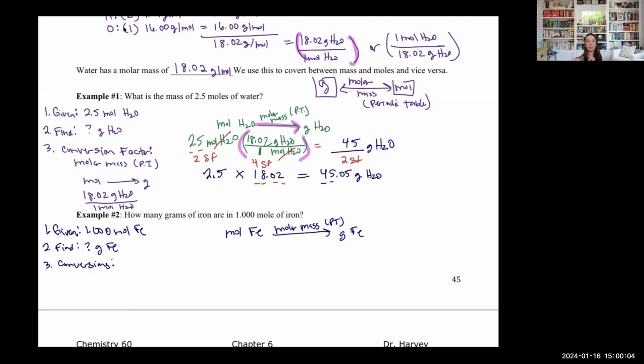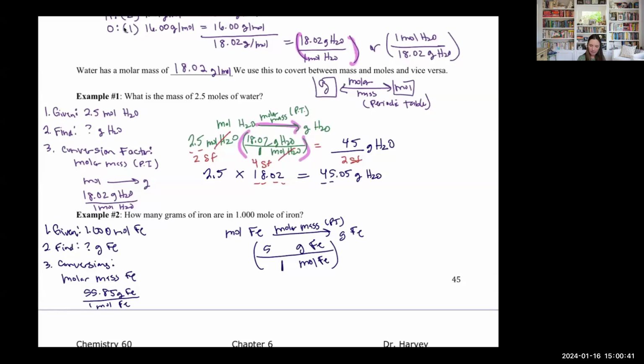Well, to go from grams to moles or moles to grams of anything, my molar mass of iron, which we said was 55.85 grams of iron for every 1 mole of iron. So we can use that as the conversion factor on the solution map. I'm starting with moles of iron, so those units go downstairs. I want to get grams of iron, so those units go upstairs. Moles of Fe downstairs, grams of Fe upstairs.